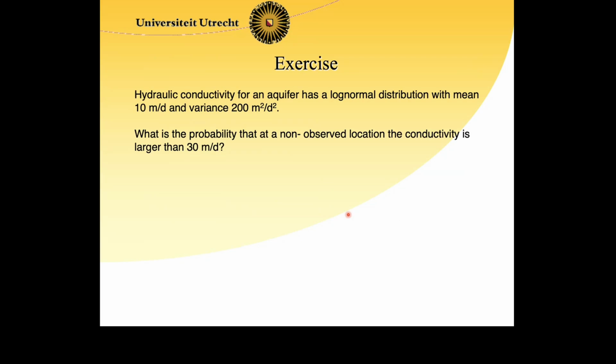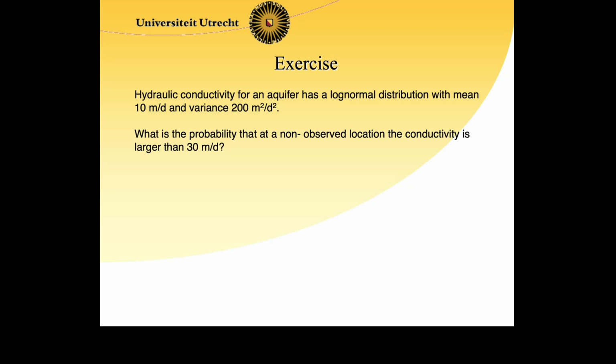It says hydraulic conductivity for an aquifer has a log normal distribution with mean 10 and variance 200. What is the probability that at a non-observed location in the aquifer, where I take a sample, the hydraulic conductivity will be larger than 30 meters per day?